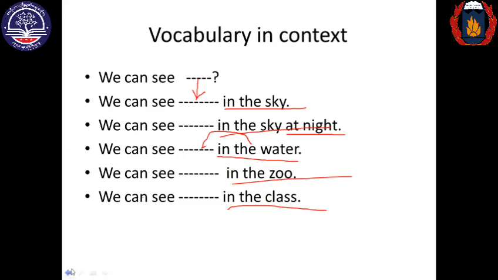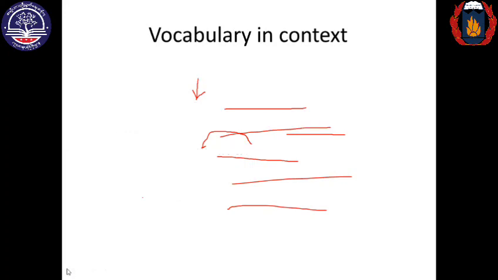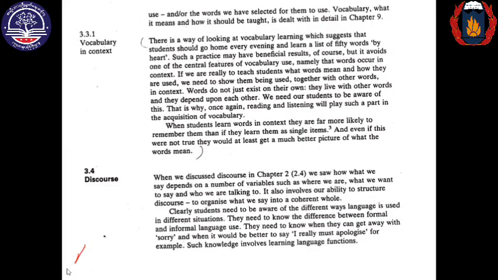What about discourse? Please read 3.4. What does discourse mean?